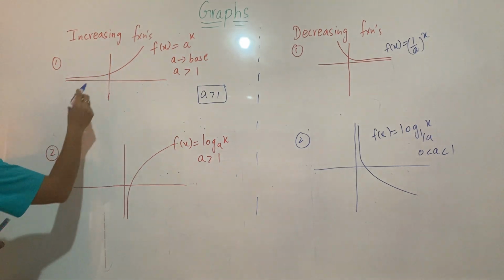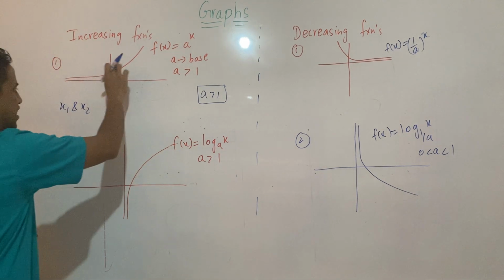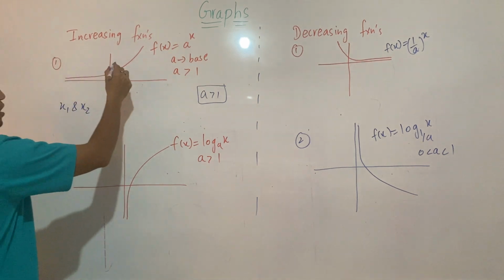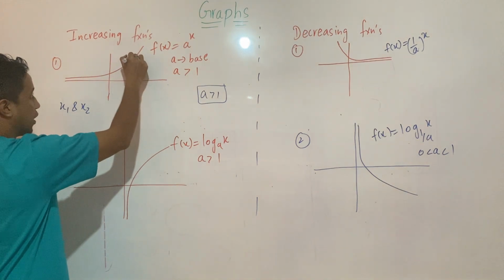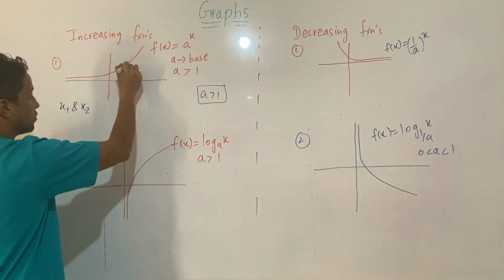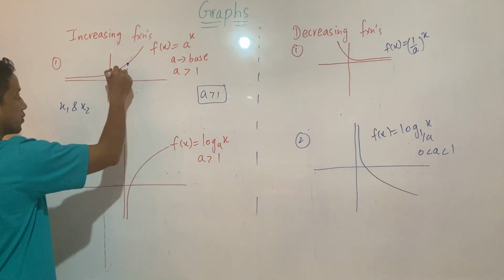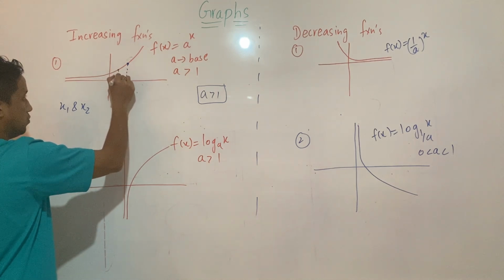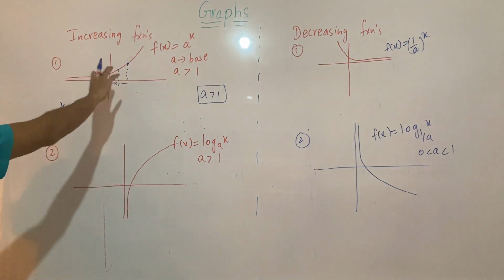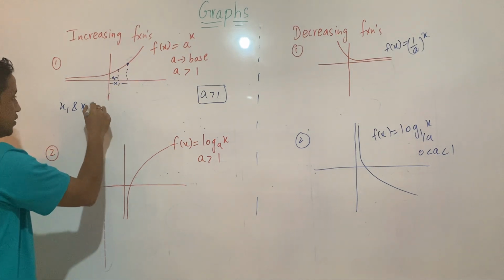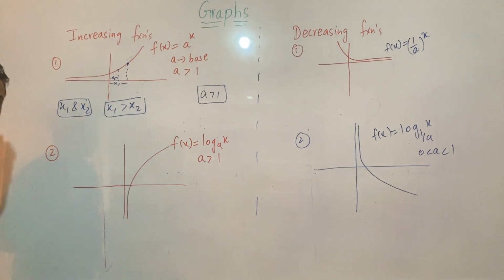For example, if I take two values, x1 and x2, anywhere on this graph, this is my x1, and this is my x2, such that x1 is greater than x2, right?